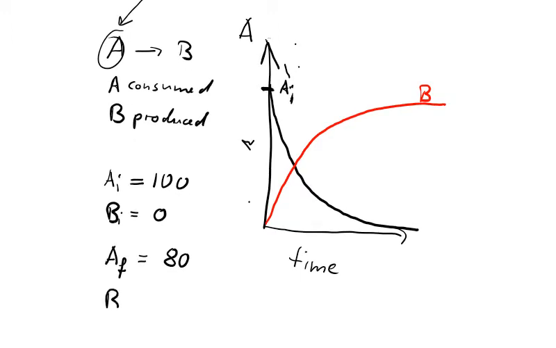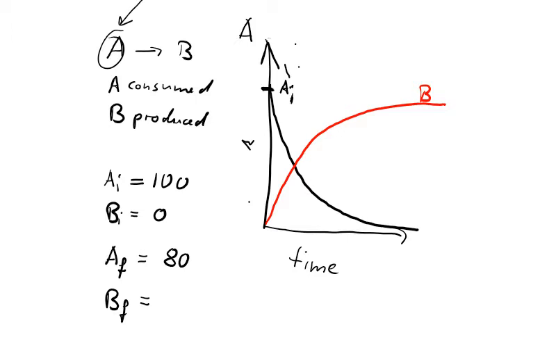How much B final do we have? On your keypads? If you don't have one, can't be bothered to get it out. How much B final do we have? What do you reckon? 20? 20, 20, 20, 20?